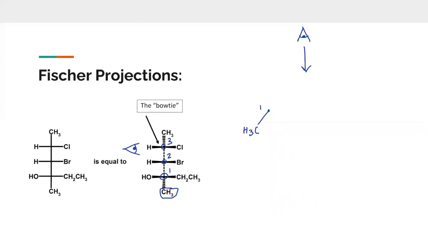If this is carbon 1, and we look at carbon 2, then we also know that the two vertical edges must also be going down. Therefore carbon 2 should be above carbon 1 and 3. And lastly, this uppermost CH3 group will also be pointing downwards.